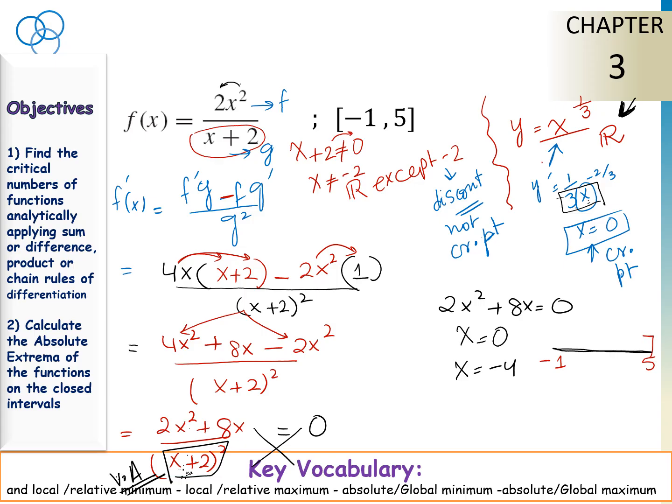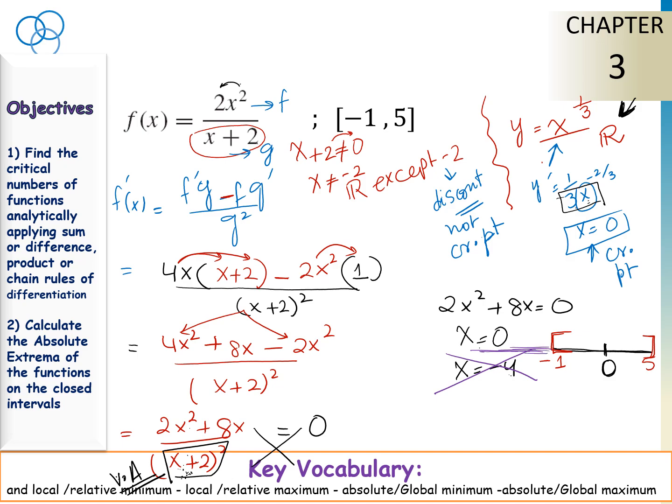So the critical numbers that come between this closed interval will be taken to calculate our absolute extrema. 0, yes, 0 comes in between, but -4 doesn't. So we will not consider this point because it is out of the closed interval.